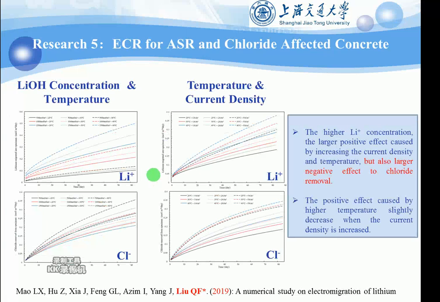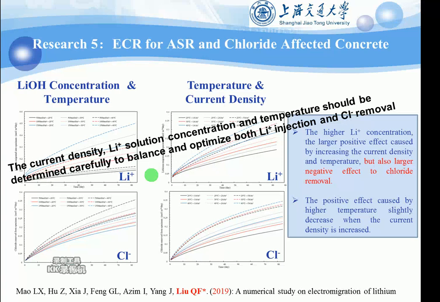For the temperature effect, we found that the higher the lithium concentration, the larger the positive effect caused by increasing the current density and the temperature, but also the larger the negative effect on chloride removal. We also found that the positive effect caused by higher temperature slightly decreases when the current density is increased.